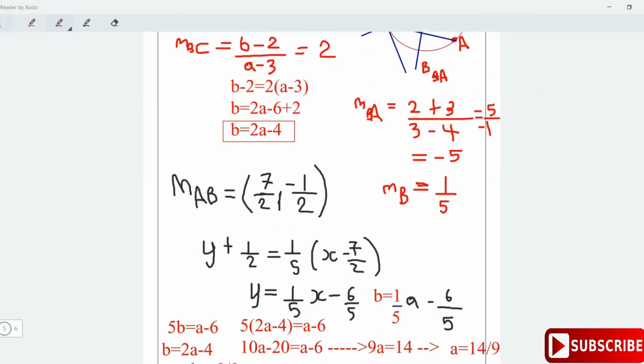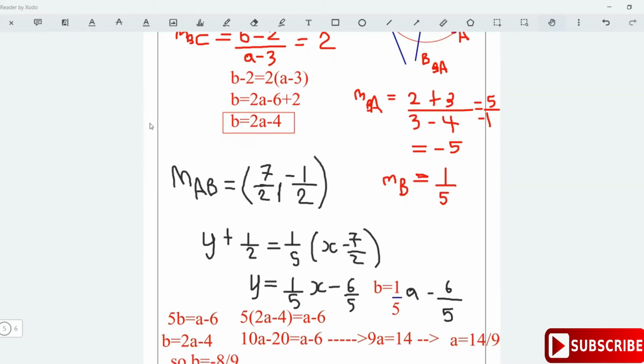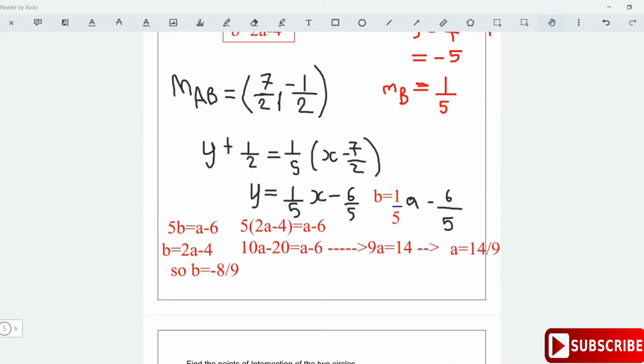So what does that mean? That means that the equation of the circle, since the radius is 3.23, let's write down the circle.